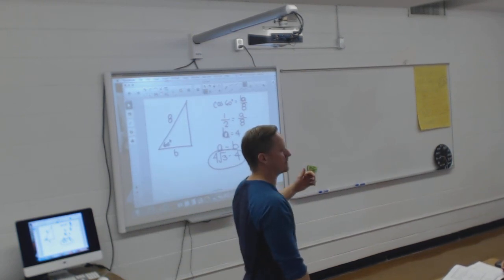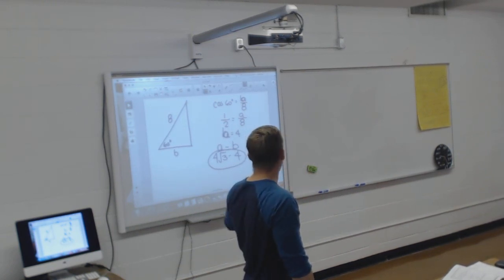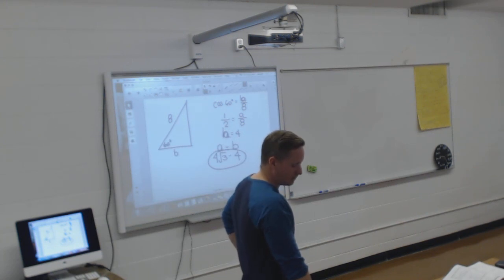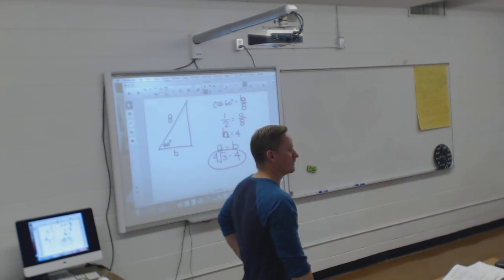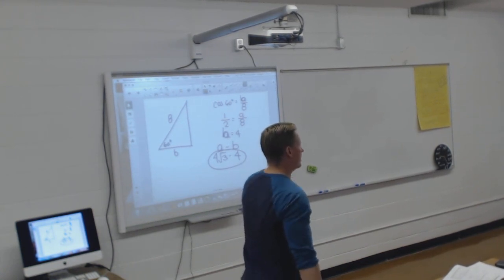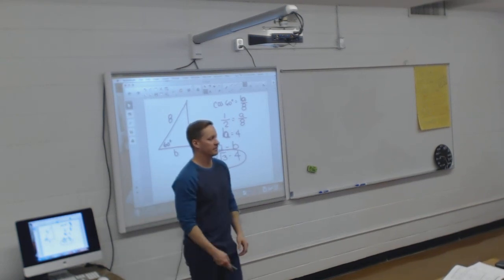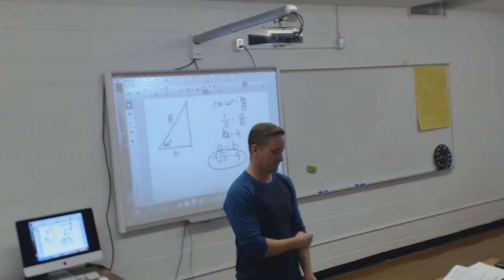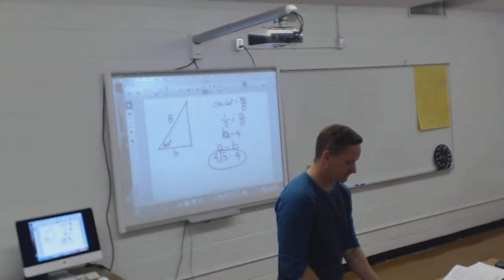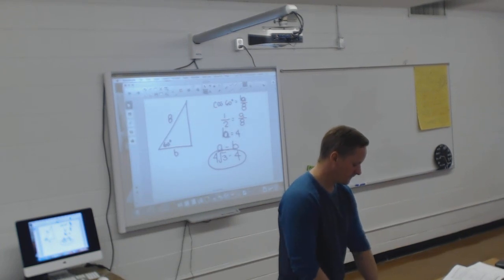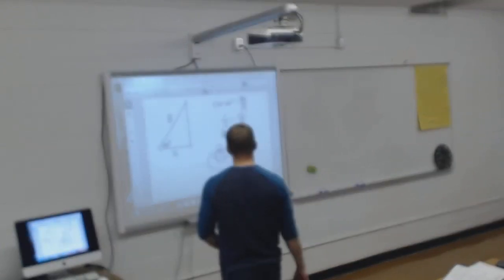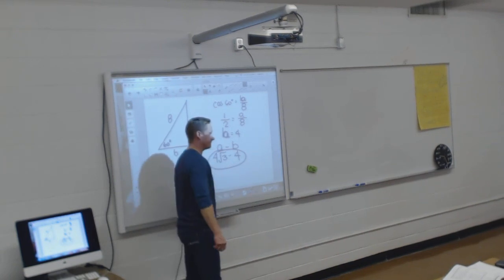So if I took 4 times square root 3 and I subtracted 4, I get 2.93. Okay? But we are working with exact values, which are square roots. We're not approximating. All right? So that's it for that lesson. Okay?